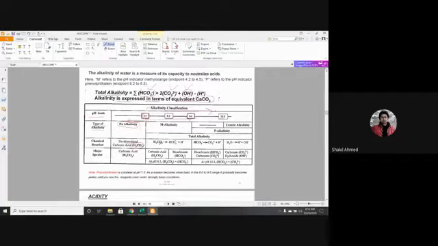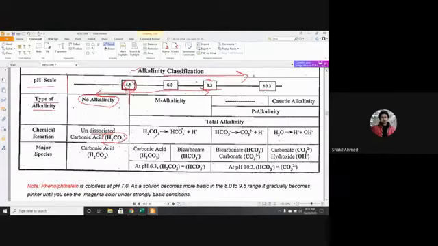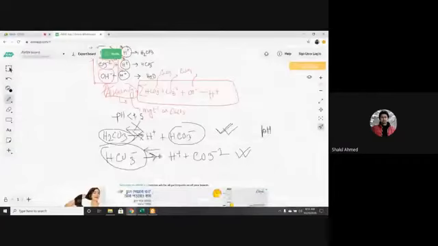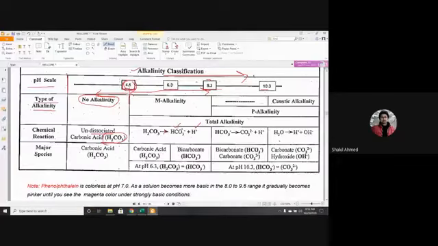then what happens? Then the carbonic acid, which was previously undissociated below 4.5 pH level, will now dissociate and give you hydrogen ion and bicarbonate ion, HCO3 minus.